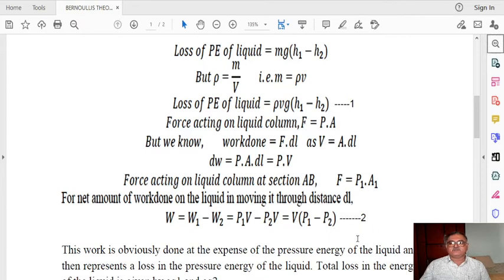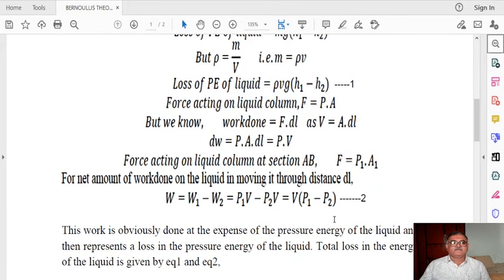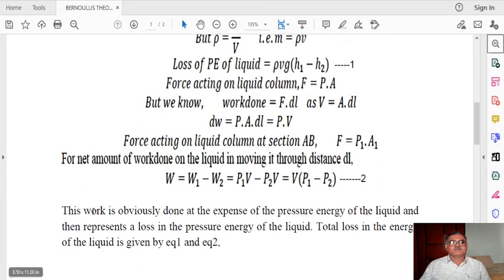We will denote this equation as number 2. See now, this work is obviously done at the expense of the pressure energy of the liquid, and represents a loss in the pressure energy of the liquid.